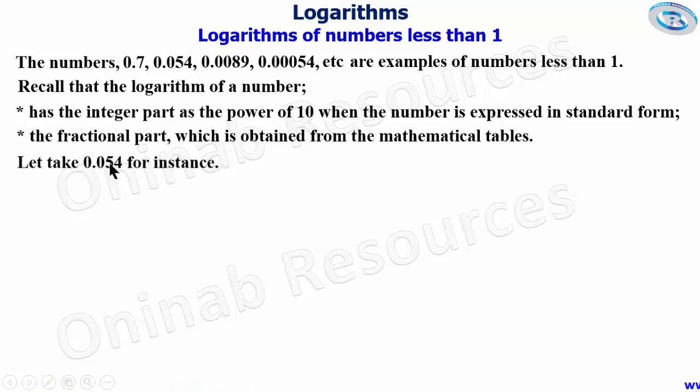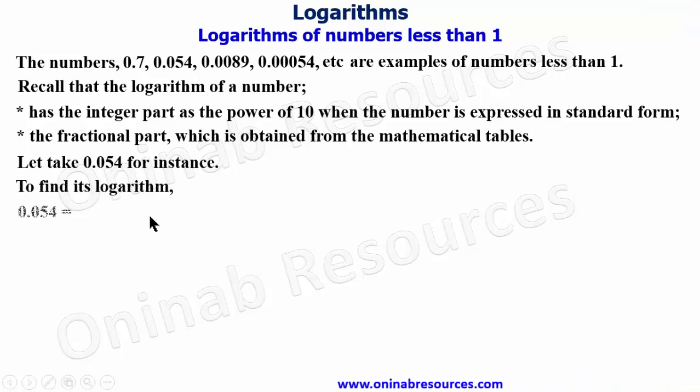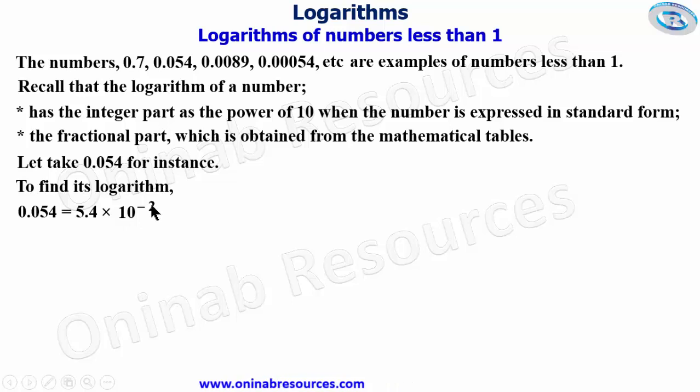Let's take 0.054 for instance. To find its logarithm, we have to express it in standard form. That's going to give us 5.4 times 10 raised to power negative 2. The negative 2 is the integer part of the logarithm of 0.054.